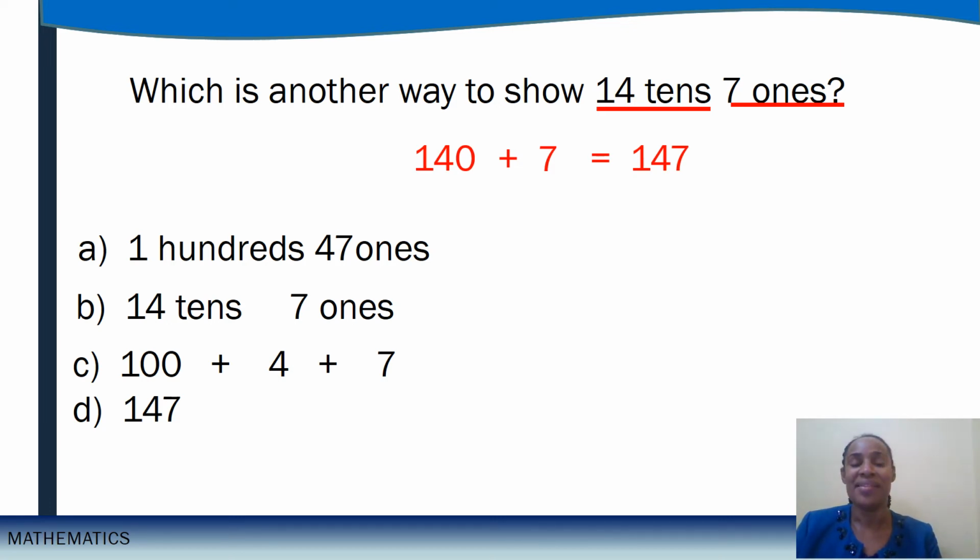Now let's look at C. C says 100 added to 4 added to 7. Is that the same as 147?